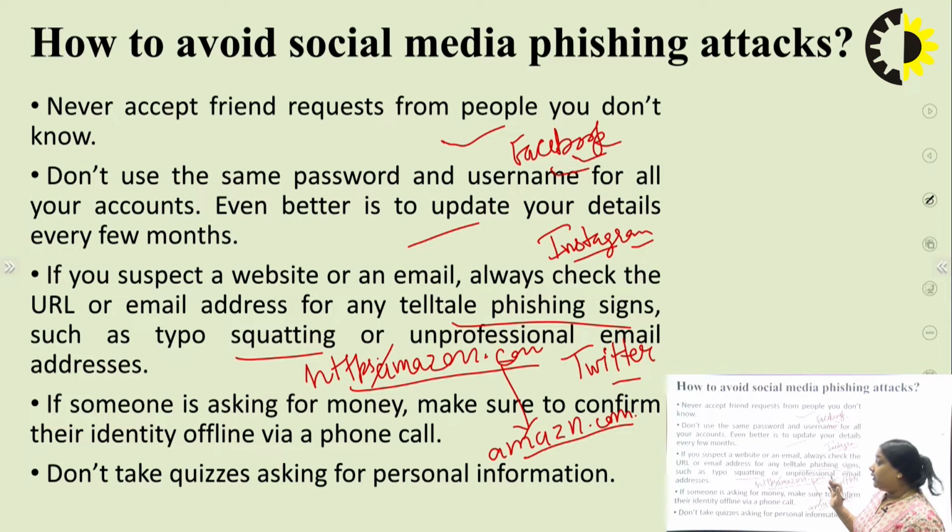It is a very frequently used website, amazon.com, and anybody can get defrauded on such a website. So it is very important that when we use any type of website, please check the URL or email address of the website very prominently. If someone is asking for money, make sure to confirm their identity offline via phone call.